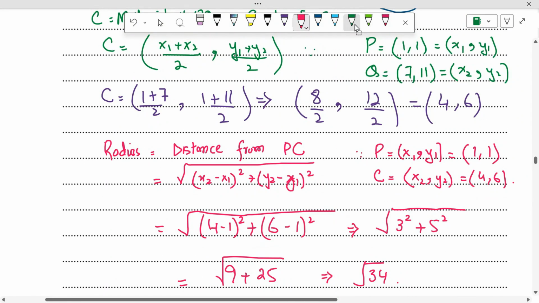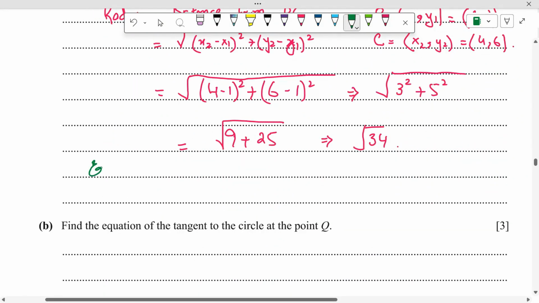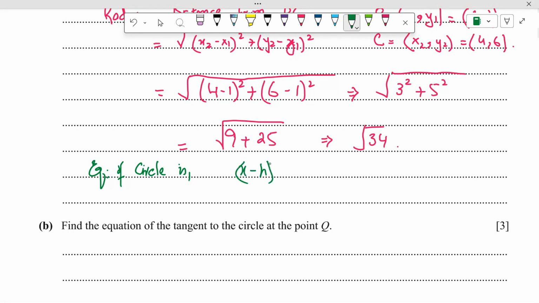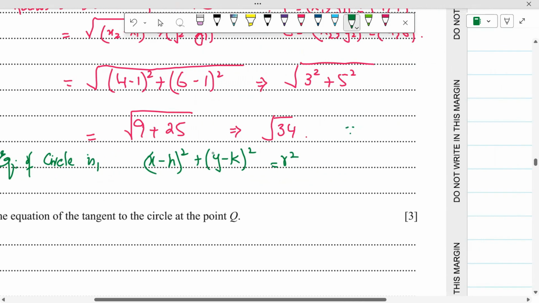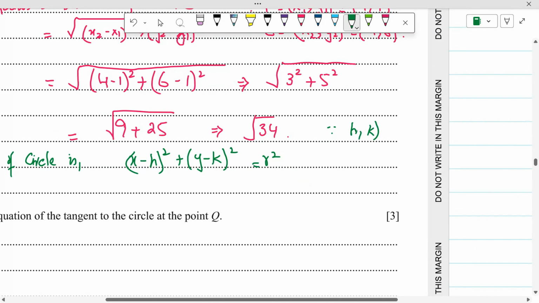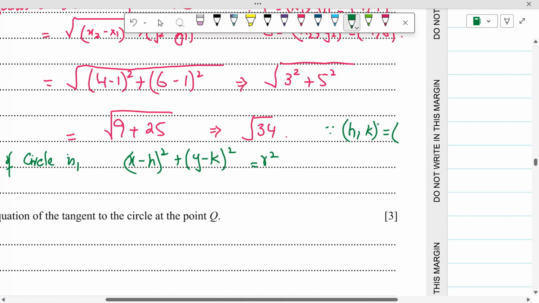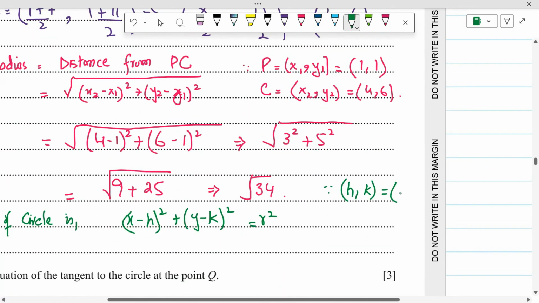So the equation of the circle is (x minus h) whole square plus (y minus k) whole square is equal to radius square. And we know that h and k is the center, which is (4, 6), and the radius is equal to the square root of 34.